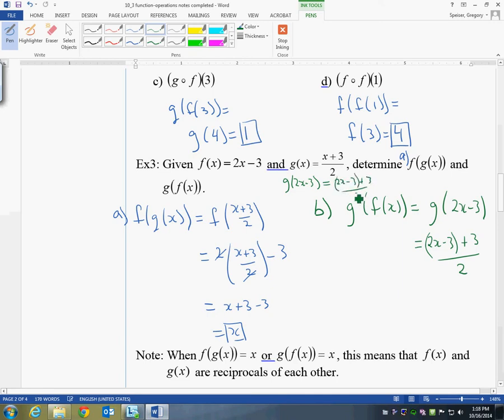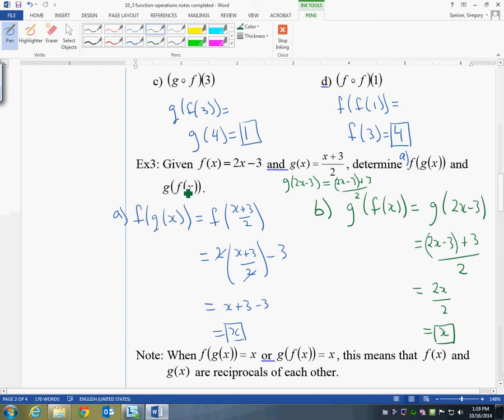You can see how that pattern happens, right? Looking at the numerator first, 2x minus 3 plus 3 is equal to 2x, and we still have that divided by 2, so we get x. Don't get the impression that f of g of x and g of f of x are always going to be the same.